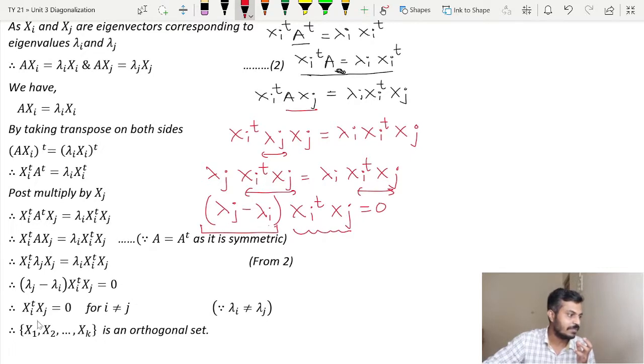Remember, I started with any two arbitrary vectors from this set, and we have shown that the two vectors are orthogonal, and thus we can conclude that this set is an orthogonal set, and that is what we wanted to prove.